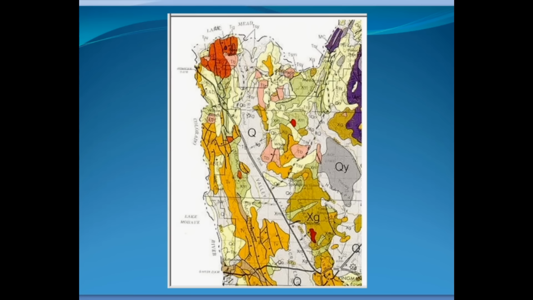This is a map of basically northwestern Arizona, and there's a number of different rock types here. If you look close, there's a light green color marked XM. XM basically means Precambrian metamorphic rocks.